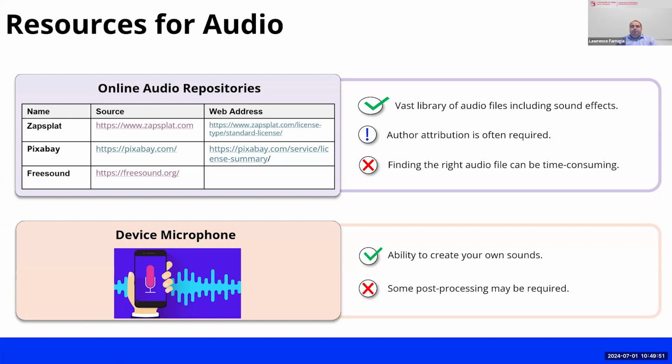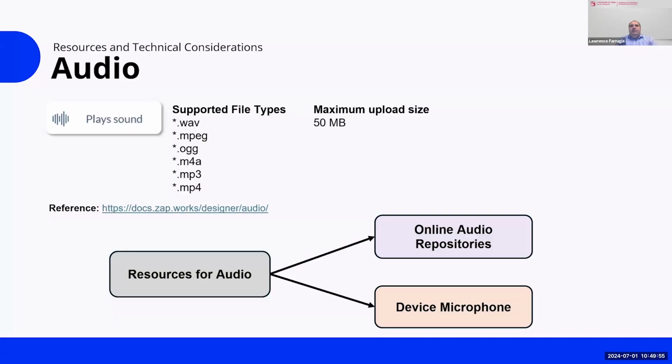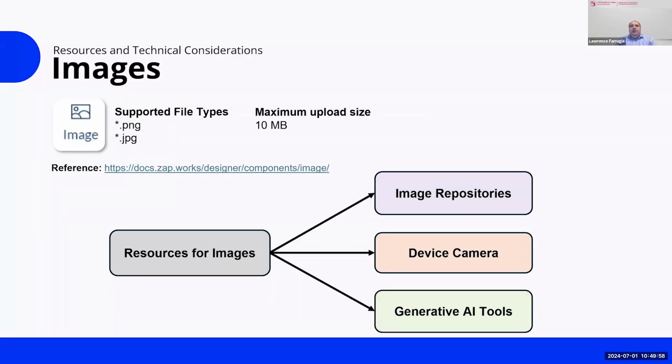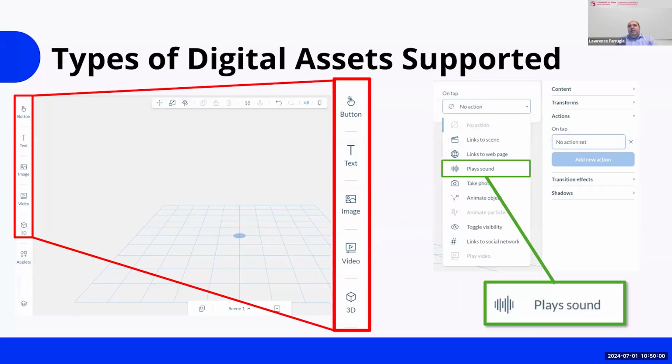So essentially, these are the resources which I covered for the different types of digital assets that can be integrated into AR. We have looked at images, videos, 3D models, and also audio files, and the resources that you can use to find each and every element, hopefully, in your augmented reality story.